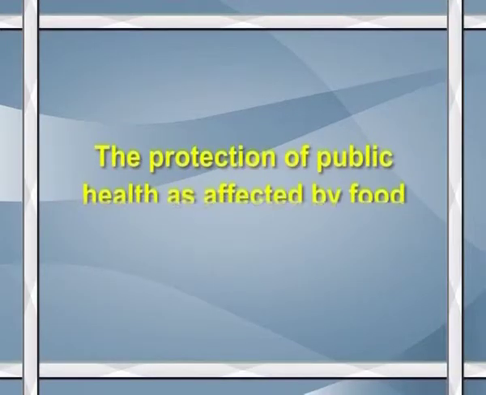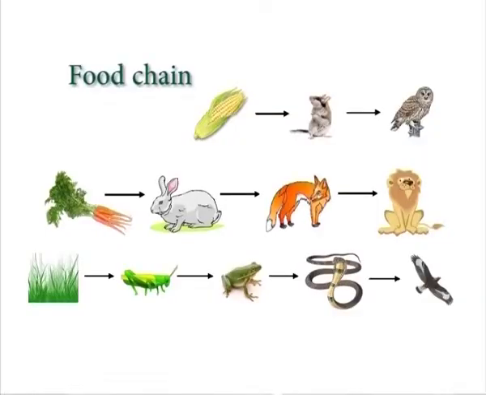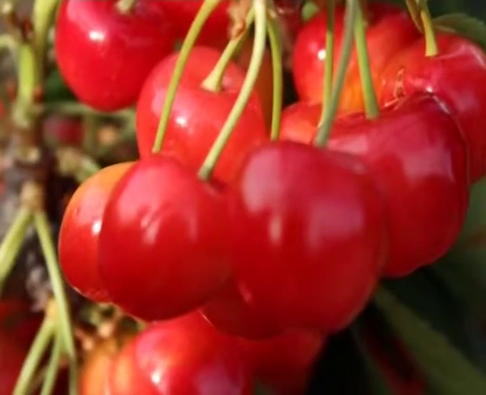In general, most governments have set the protection of public health as affected by food consumption as the first priority to be achieved through promoting and enforcing high standards of safety throughout the food chain. However, there are many issues that have to be discussed for the better understanding of the GM foods.